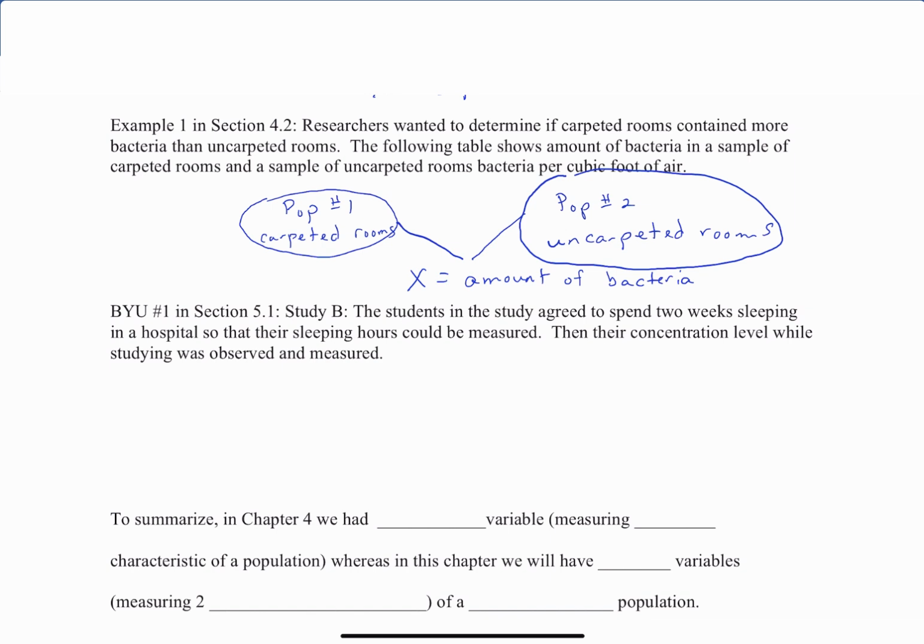So we had just one population, namely, students. But we measured two things about that population. We measured sleeping hours and we measured concentration level.